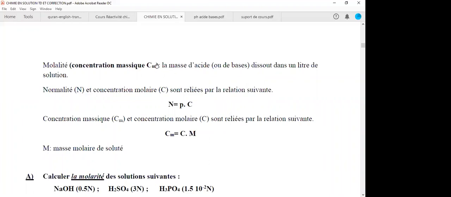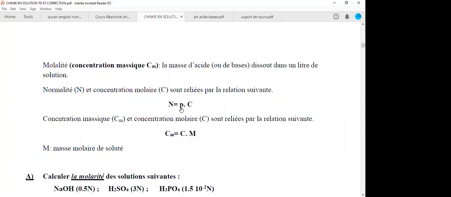Concentration massique is the mass of an acidic or basic substance that can be dissolved in 1 liter of a solution. So for normalité, you must know the concentration. Normalité is given by P times C. P, if it is an acidic solution, is the number of hydrogen ions given out.